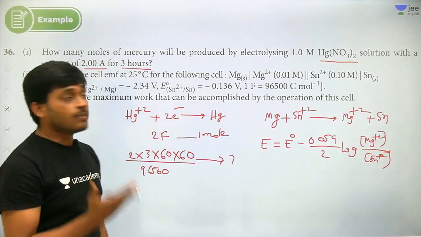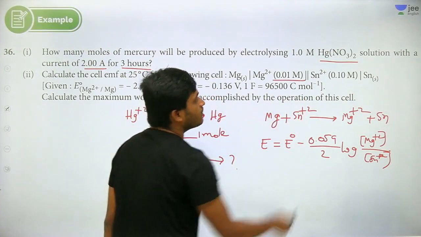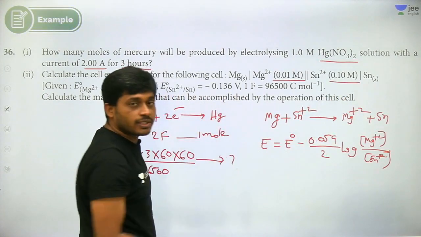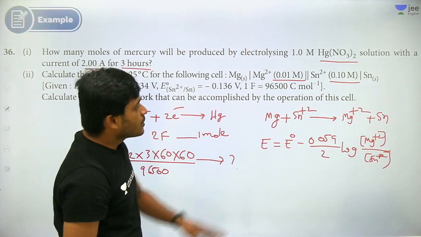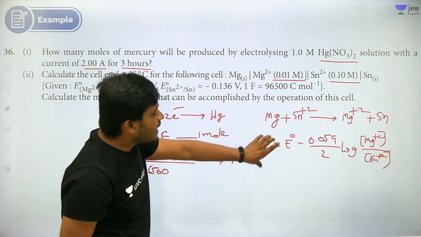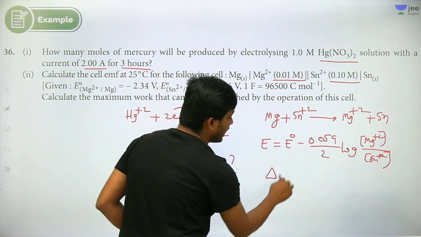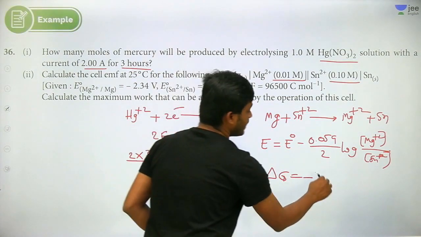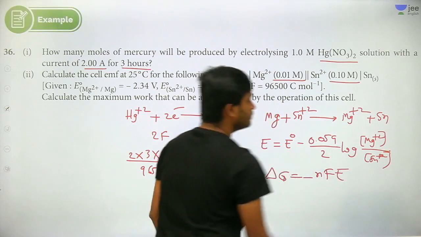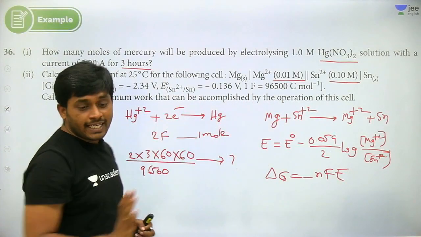Magnesium plus 2 concentration is given, tin plus 2 concentration is given. Substitute this, we get E. So this cell equation we have to write, 1 mark. Next equation, 1 mark. And next calculation, see, delta G equals minus nFE cell. Right? So don't miss any single step.